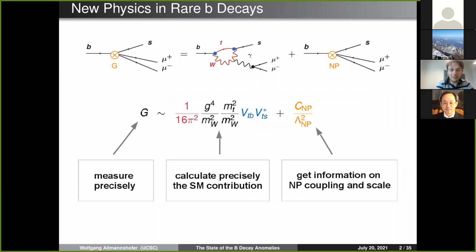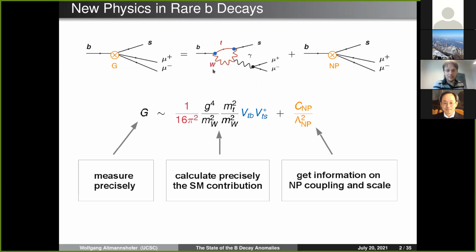In the standard model, such a process is forbidden at the tree level, but it is induced at the one loop level. Shown in the middle here is one example of a standard model diagram that contributes to this B to S mu plus mu minus transition, and it consists of a loop that includes a top quark and a W boson, for example.